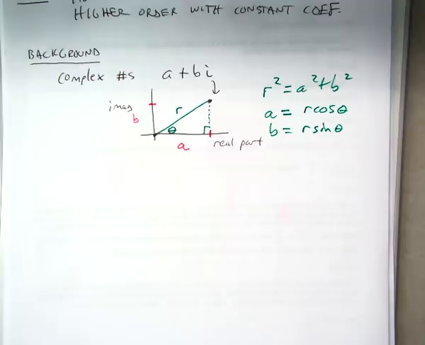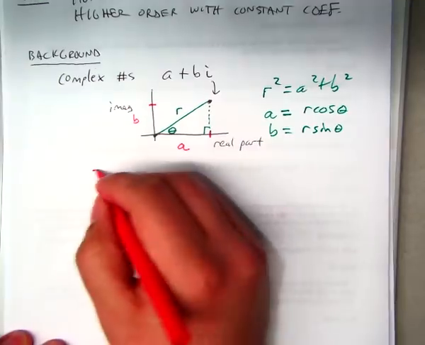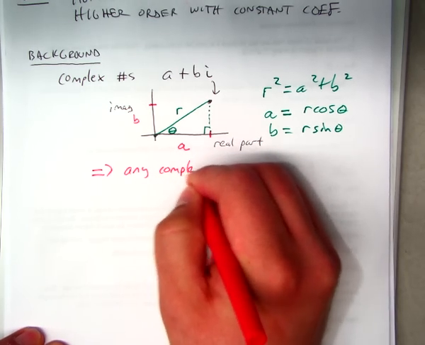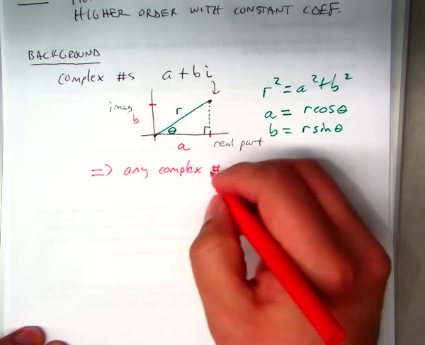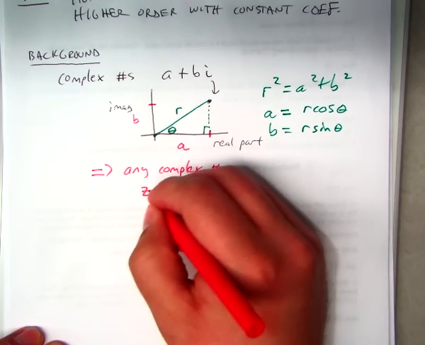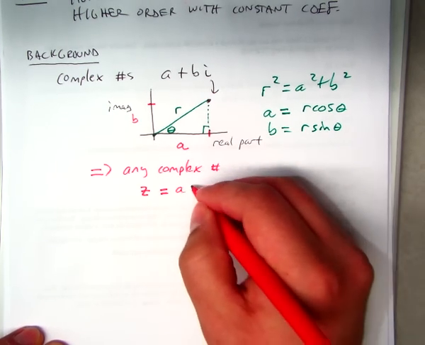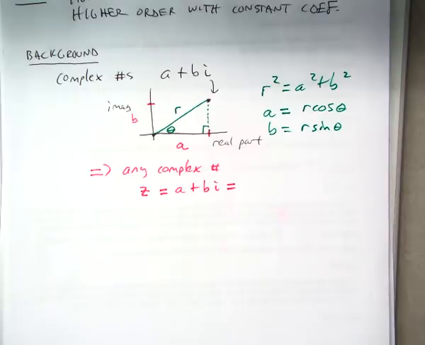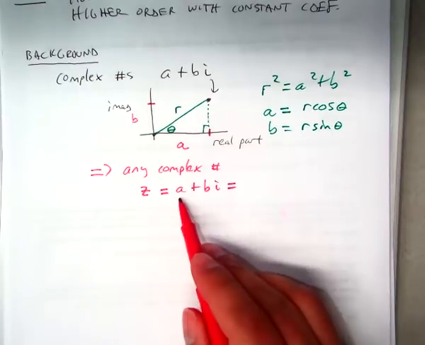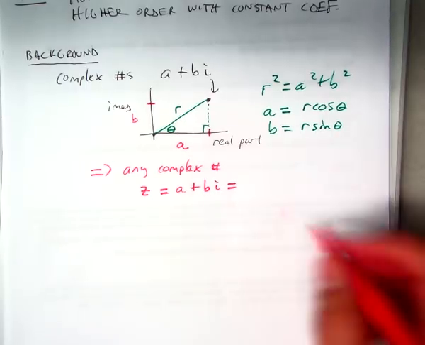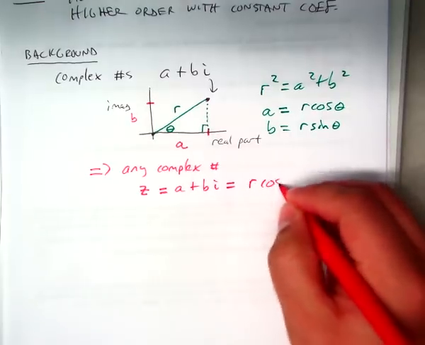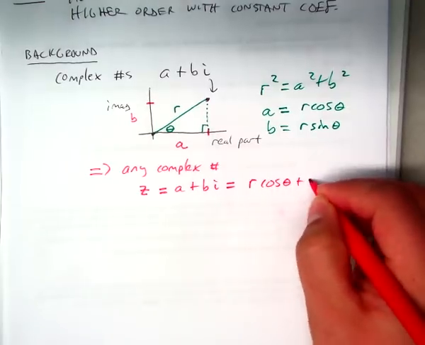Okay, so from here, any complex number, let's call it z, equal to a plus bi, can also be written, just plugging in a and b, as r times cosine theta plus r sine theta times i.